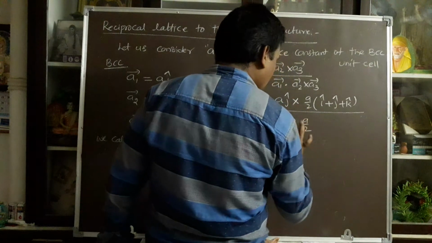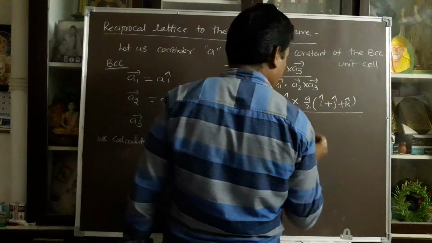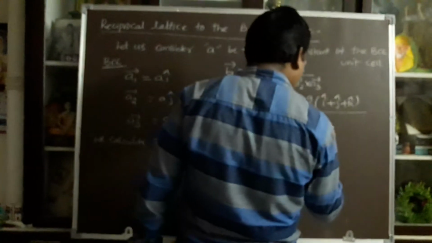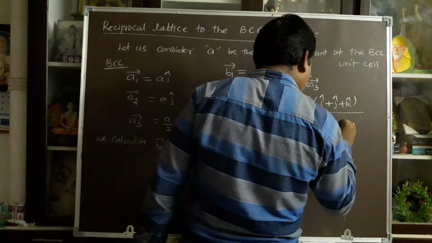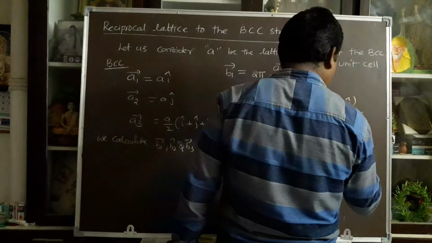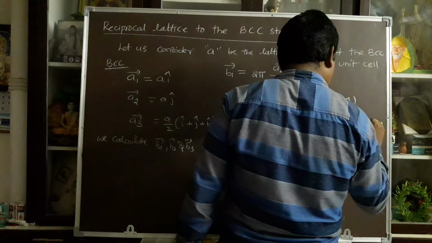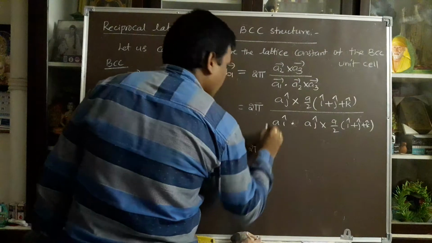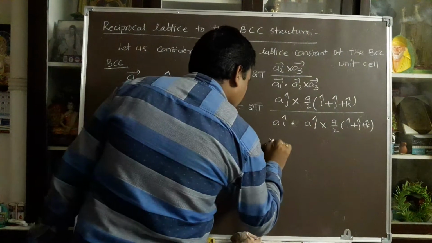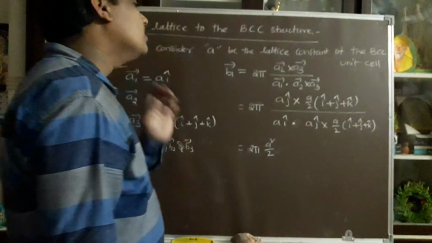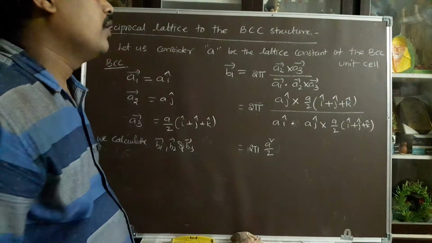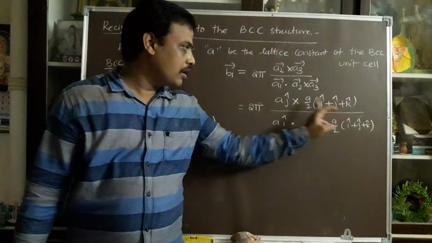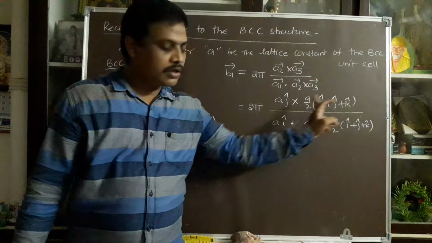here dot product a by 2 into... wait, A2 is a into j cap cross a by 2 into i bar plus j bar plus k bar, 2 pi into a square by 2. Your cross product gives j bar cross i bar, j bar cross j bar, j bar cross k bar.